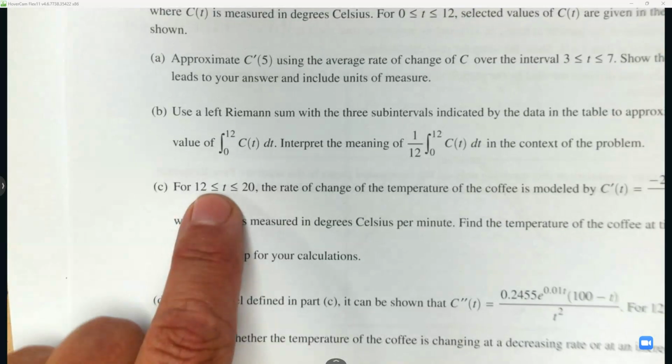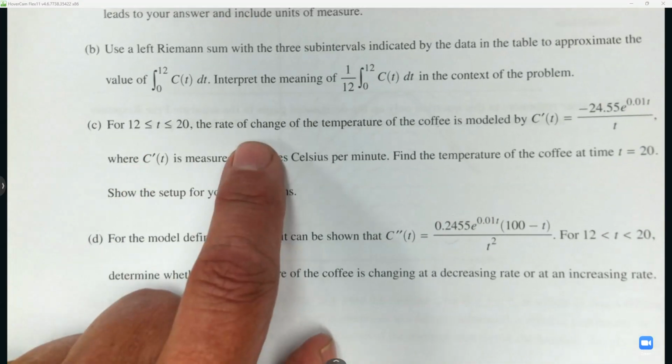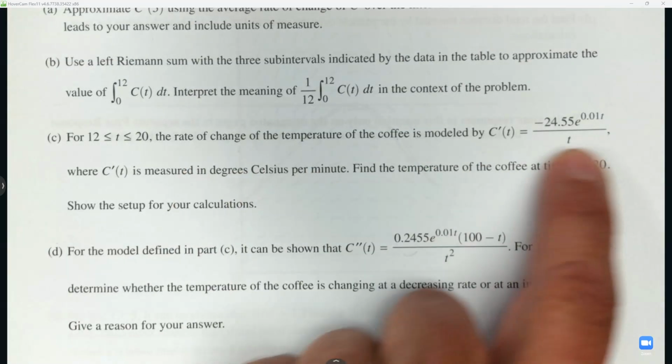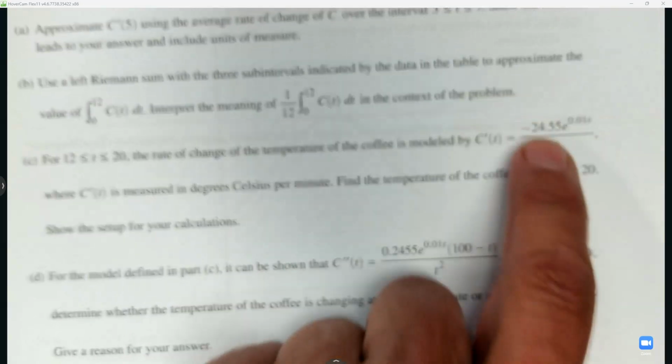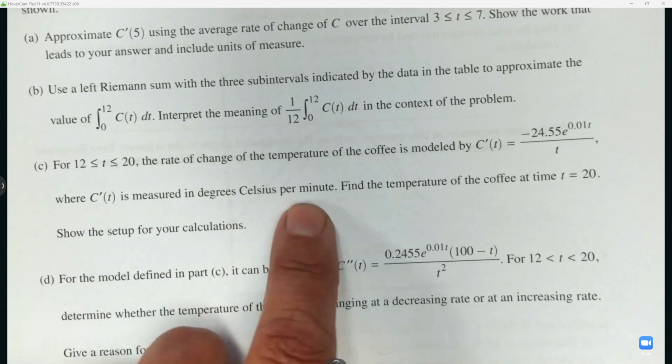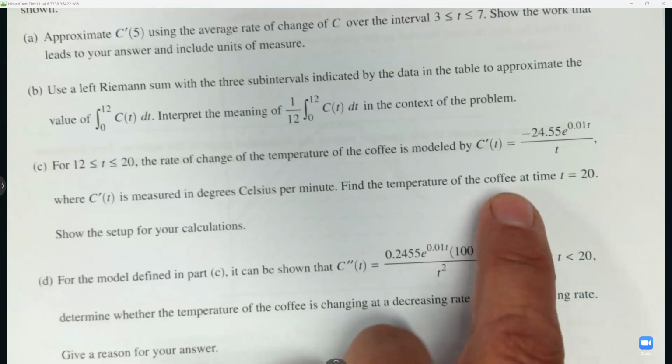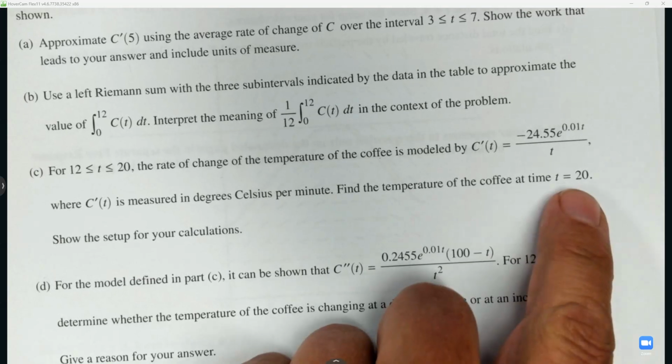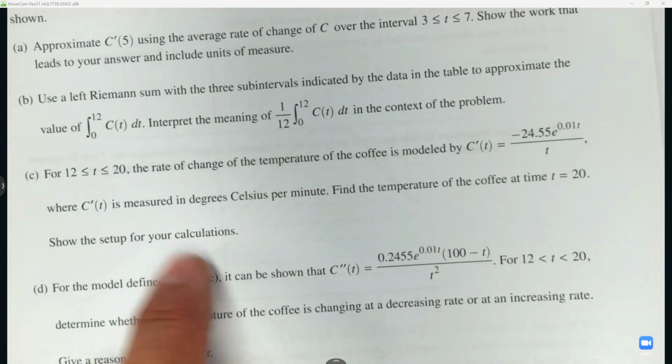Number 3. It says from 12 to 20, that's past this table, the rate of change is given by this derivative. So instead of a table, they just give you an equation that describes the temperature, where that derivative is in degrees Celsius per minute. Find the temperature of the coffee at T equals 20 and show the steps of how you would do it.